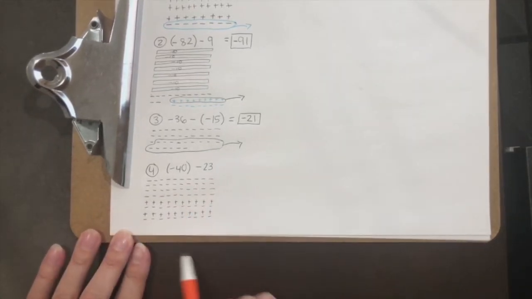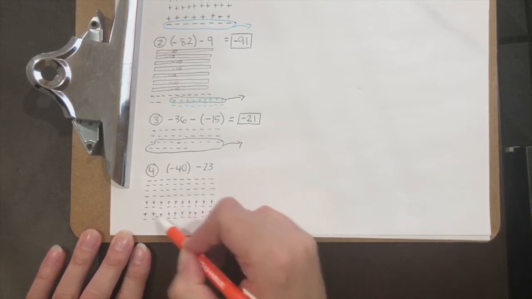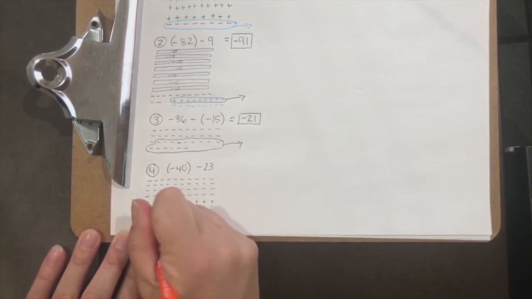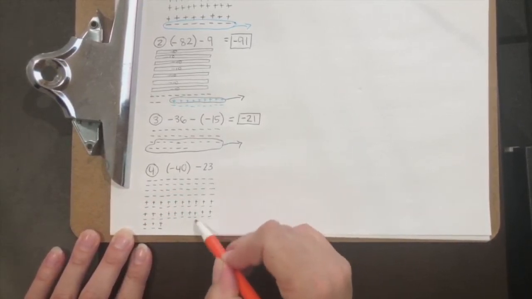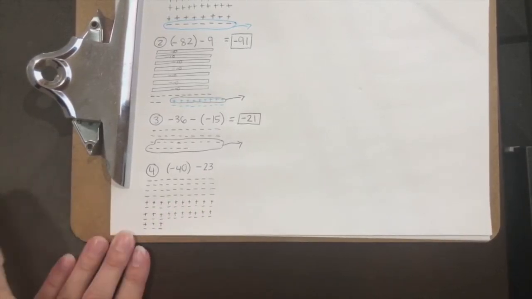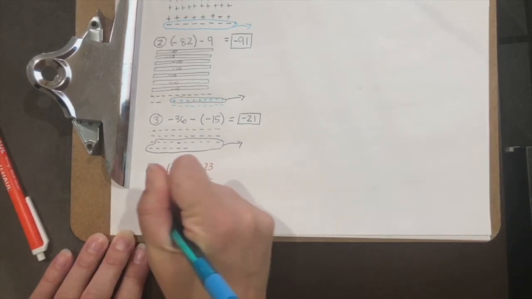We still have negative 40. We have negative 40 plus 0. 3 more. Plus 0, plus 0, plus 0. Now I've got 23 positives sitting in here, and I can take away those positives. So we're going to take away just the positives, not the whole zero pair.